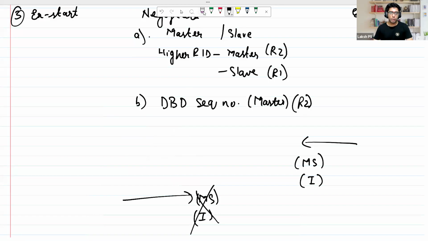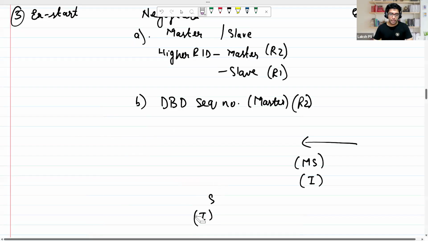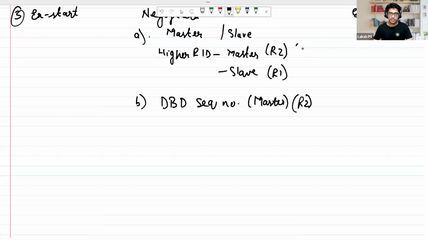MS bit means the router is calling itself the master. And because it is calling itself the master, it will also initiate the exchange of DBDs that it decided. Clear?